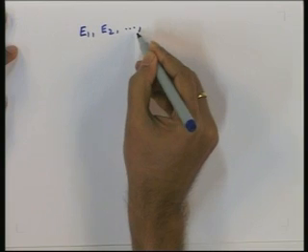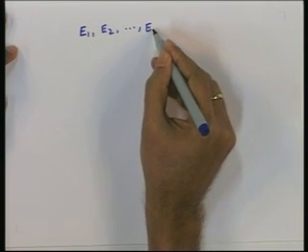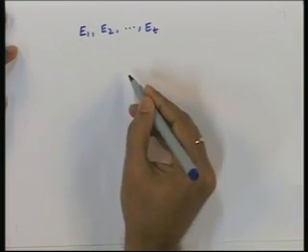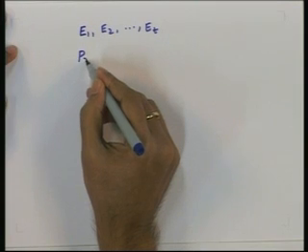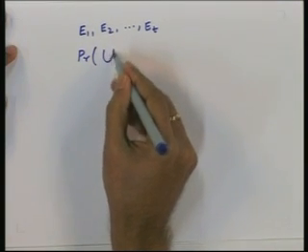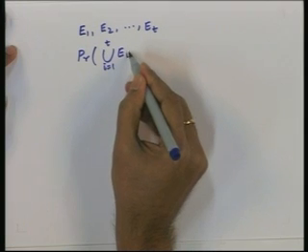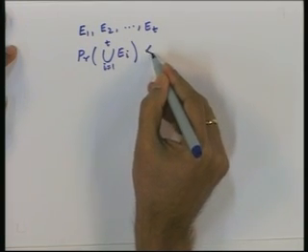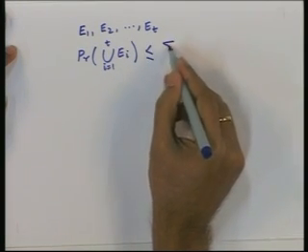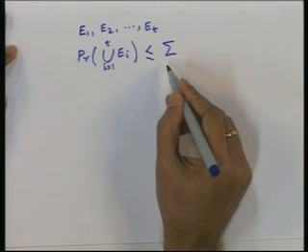That is, if there are some events E1, E2 till Et, then the probability of the union of the events Ei, i equal to 1 to t, is less than or equal to the sum of the individual probabilities of the events.